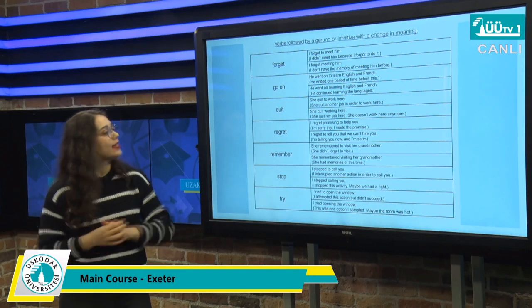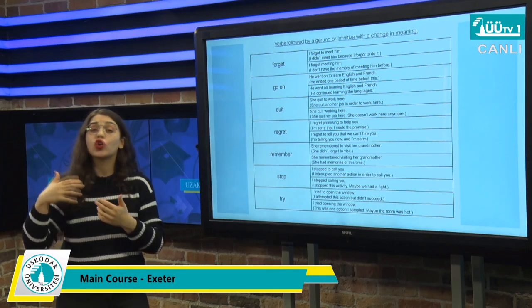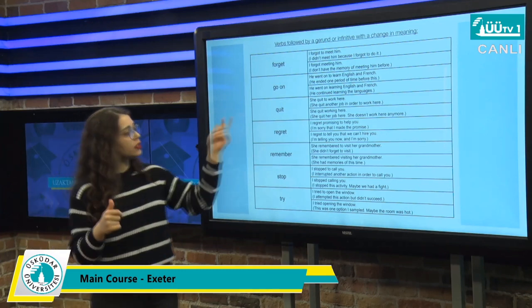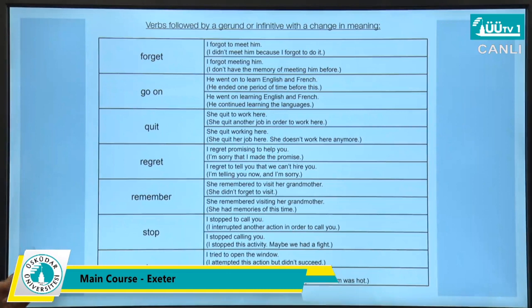Okay, and about quit. Quit means that you stop working somewhere or you give up. So, for example here, she quit to work here. If we use quit with infinitive, it tells us that you quit, you stop going to another work in order to go work in another work. Let's give an example.